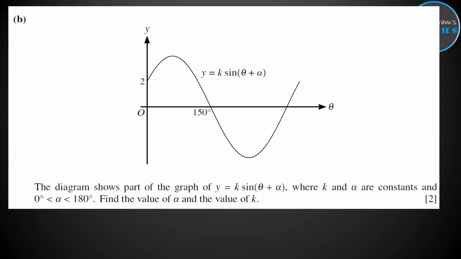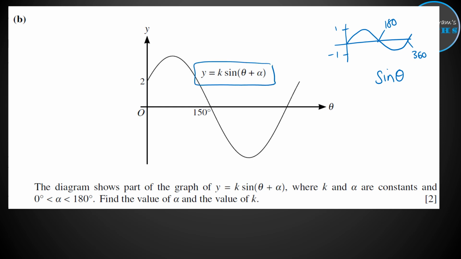So this one is all about knowing your graphs and how they can be transformed. So if we start off with a regular graph, so this would be if it was just sine theta, it would go between 1 and minus 1, and it would cross at 180 and 360. And then we want to compare the equation that we've got here and use the properties of transformations to see how we can make the graph that we've got below it.